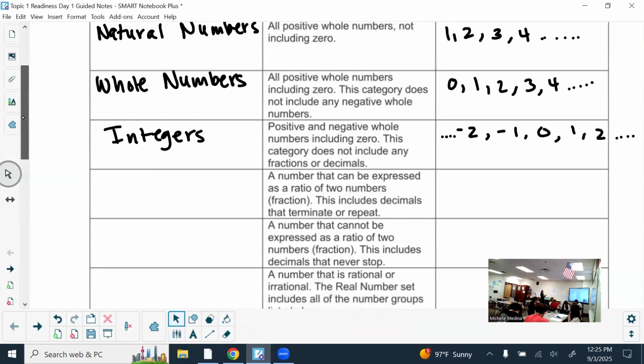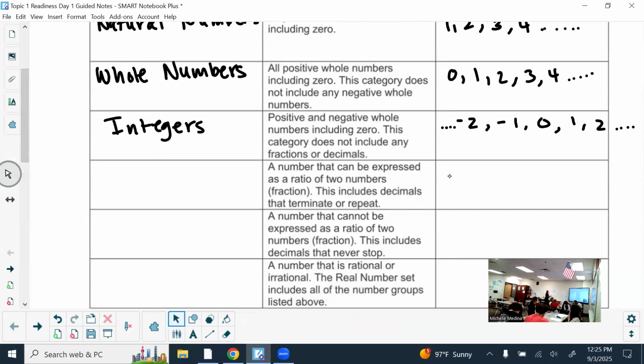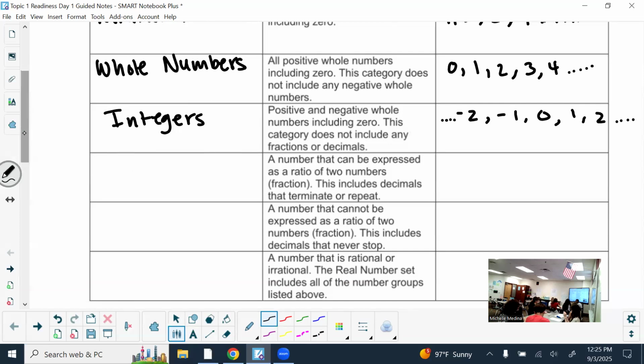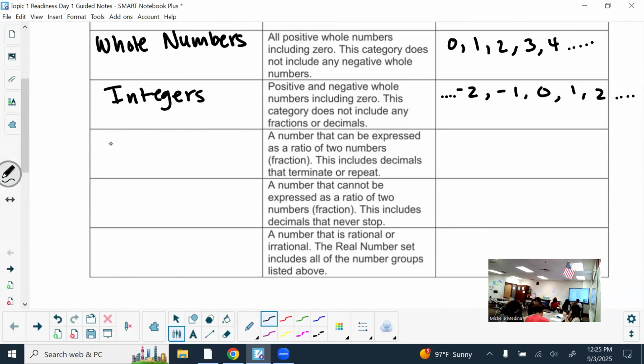Okay. Then this next one, a number that can be expressed as a ratio of 2 numbers, like a fraction. This includes decimals that terminate or repeat. So these would be what we call our rational numbers. That is including everything that's above it.